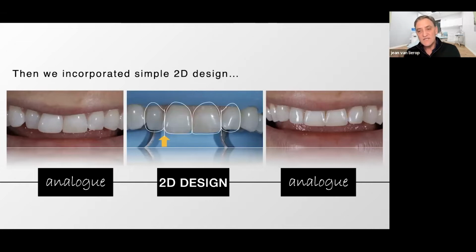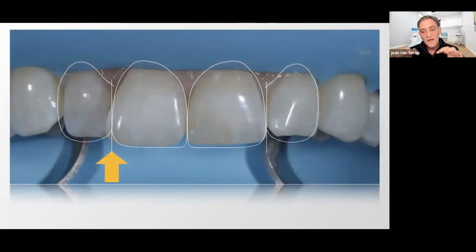And that 2D design was still pulled through into our analog realm. So we still jumped between analog and 2D design into an analog realm. How we did that, as you can see in this photograph, we evaluated the problem that we have. We used some simple tools, and with those simple tools, we were able to identify the key elements that I need to change.